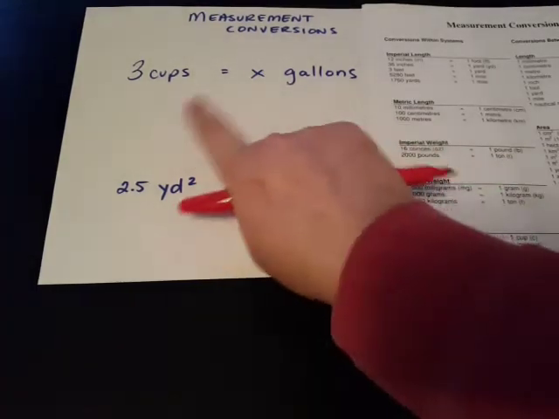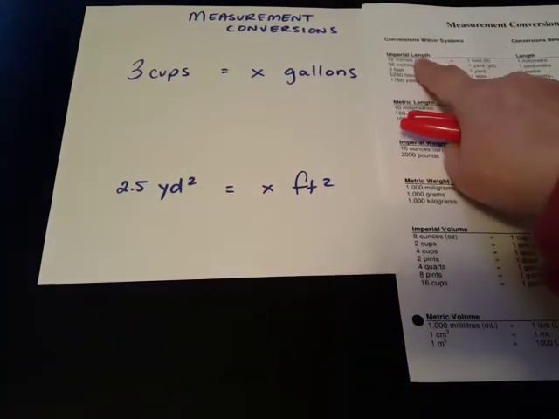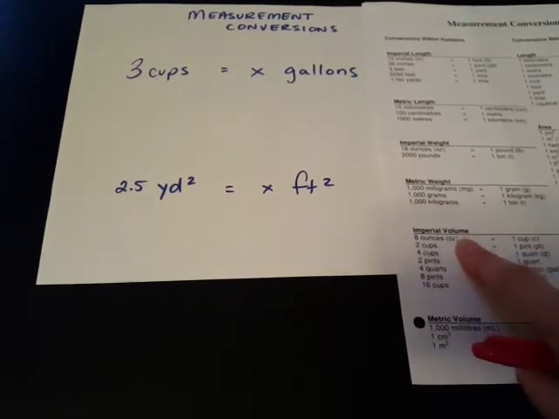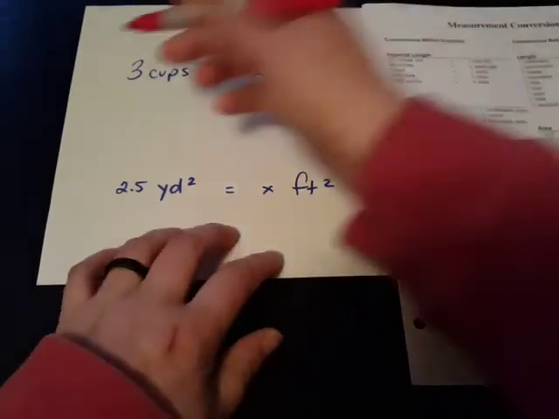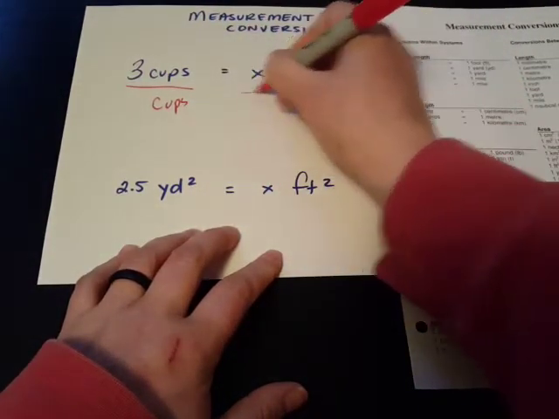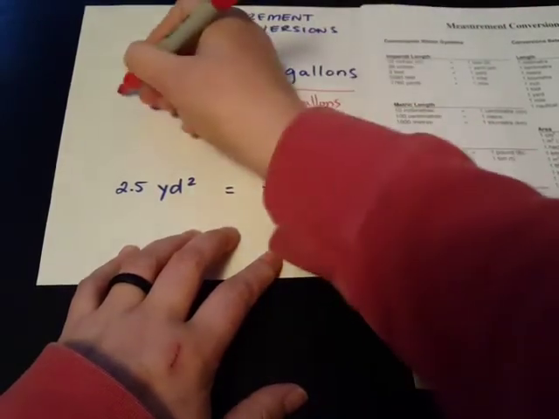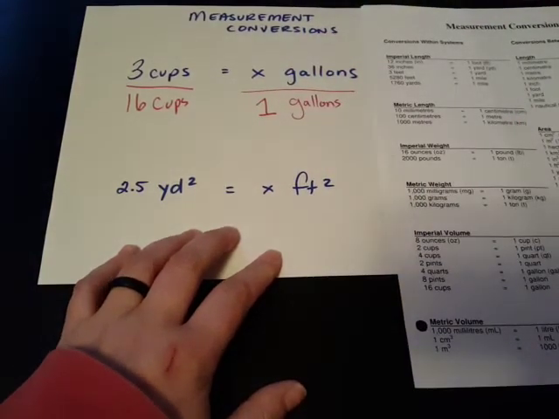So this here is a volume measurement, volume units. So here we have length, weight. And now we've got volume, and we're looking for cups and gallons. So we can see the conversion here is 16 cups is equal to 1 gallon. So we're going to want to put cups over cups and gallons over gallons. And it told us 16 cups is equal to 1 gallon.